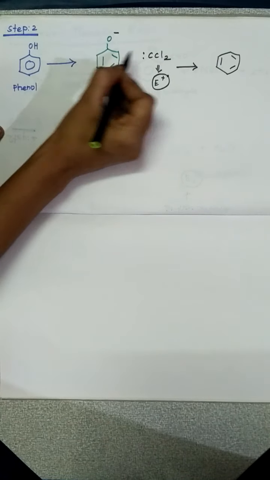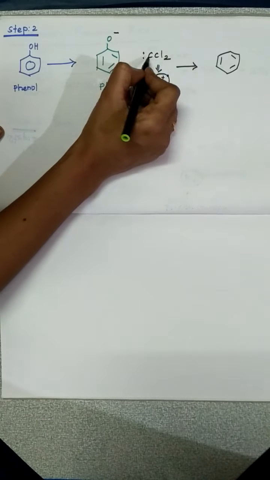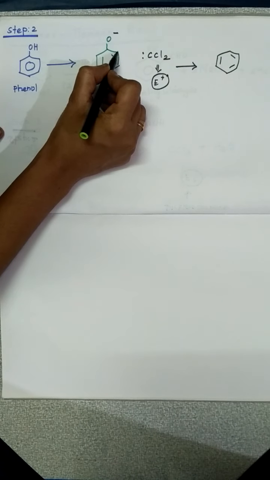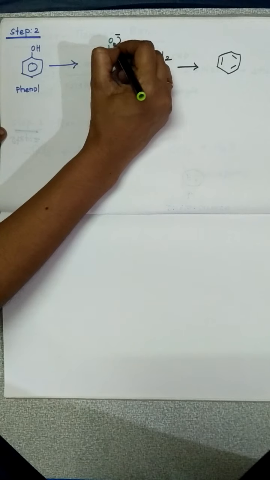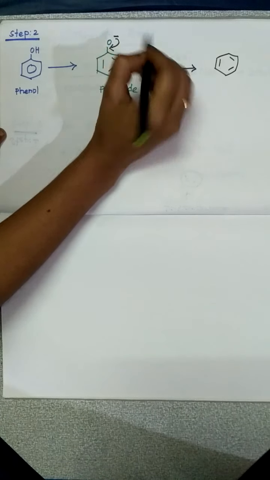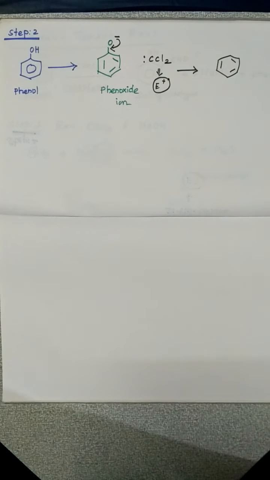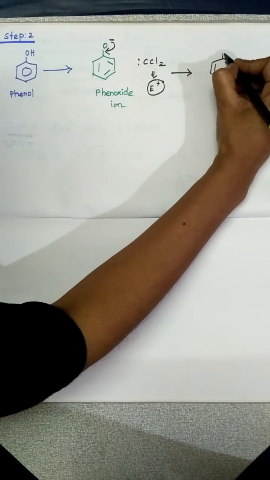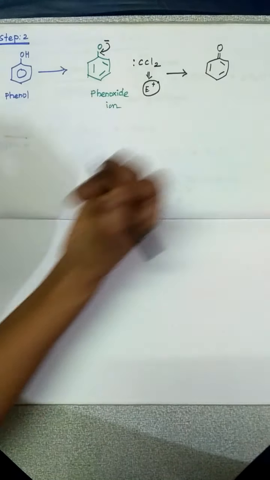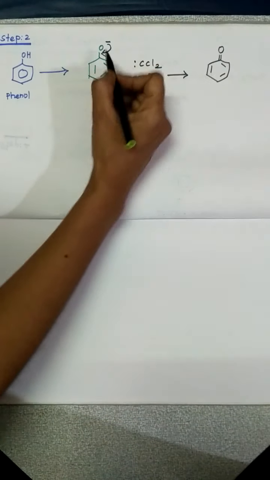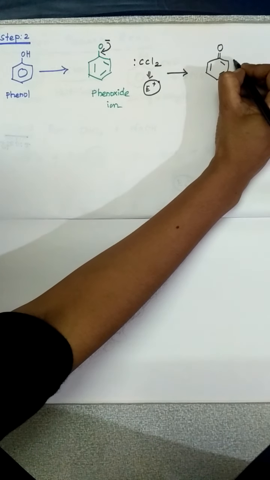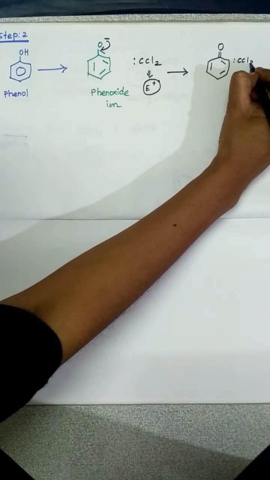Here, the attack of dichlorocarbene on this carbon means the electrons get transferred here. So the product will have a double bond to O, and the attack of dichlorocarbene.